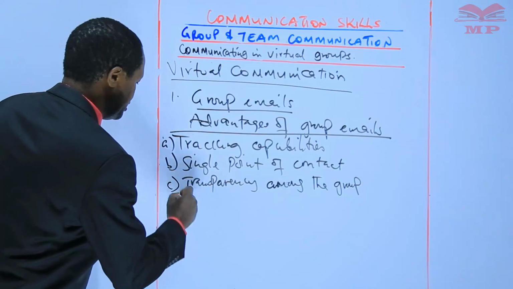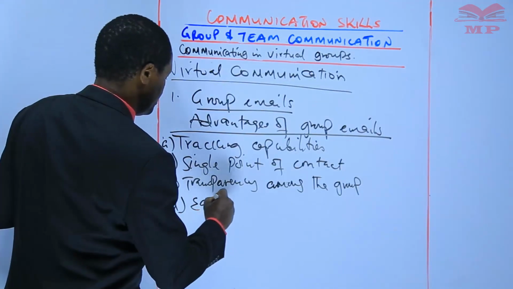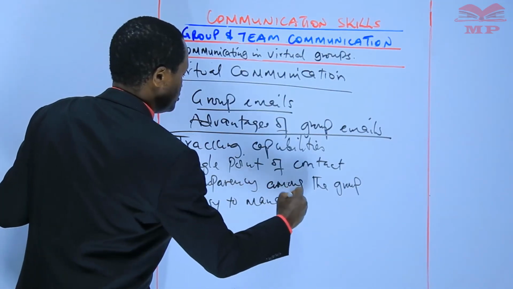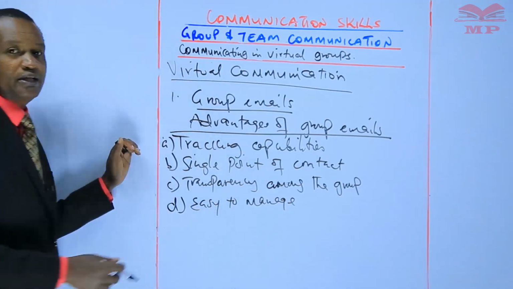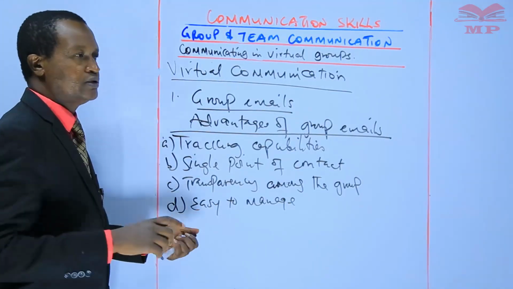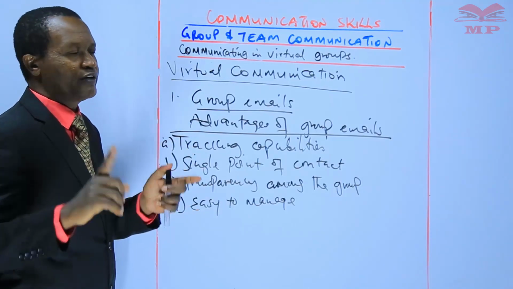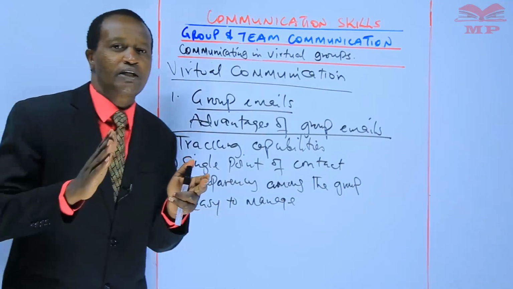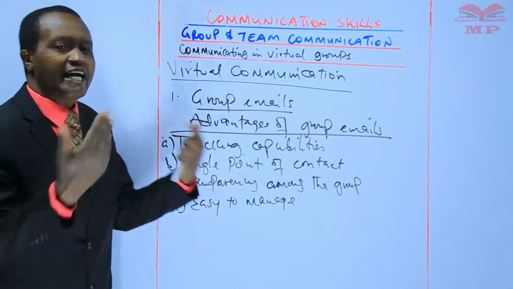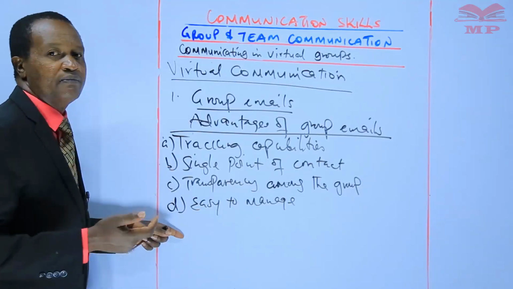Another advantage is that of management, easy to manage. It is easy to manage group emails. Now, a good group email provider, a good email list, for example, will also allow members to sign up directly to the list via the website.